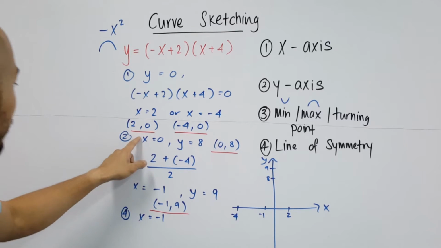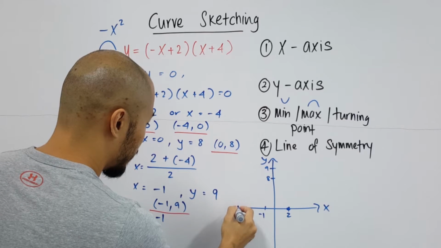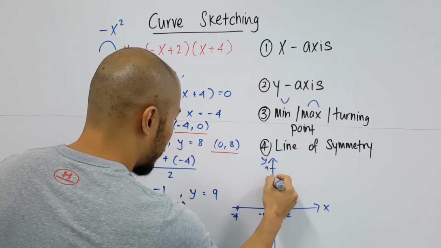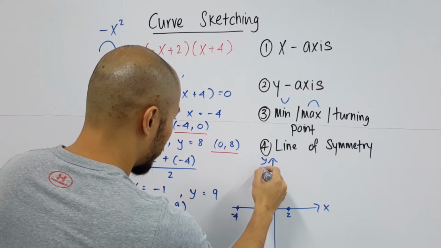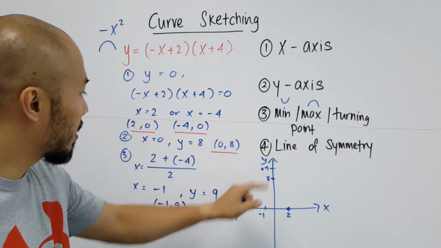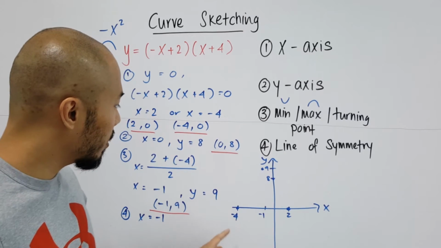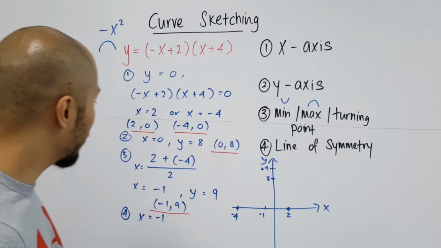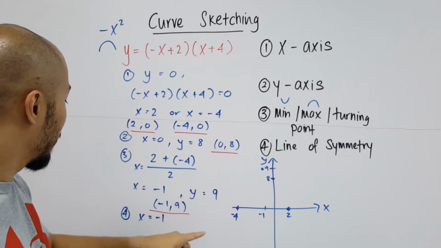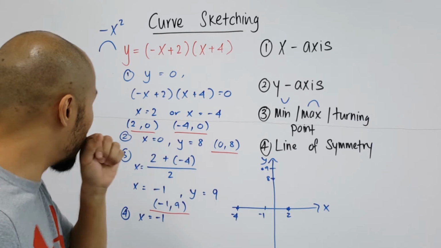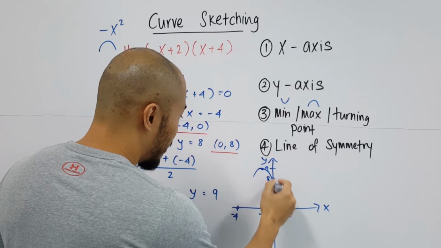So now I'll mark out (2, 0). This is (minus 4, 0). (0, 8) is here, and (minus 1, 9) is here. Okay, so since I've already marked them out, the simplest way to figure out how you should connect the points is to ask yourself, this is a maximum curve and this is my maximum point, meaning at this point it will be like this and like this.